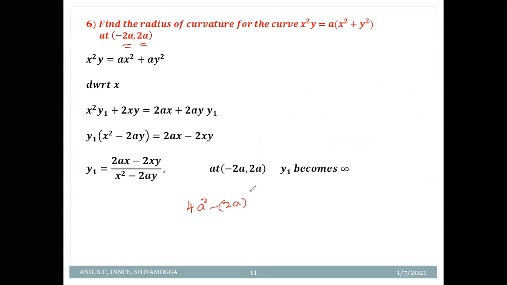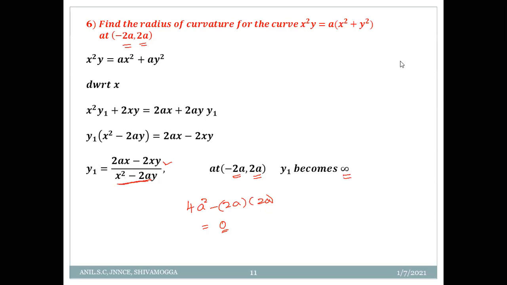Y is also 2a. 4a square minus 2 into 2 is 4, a into a is a square. 4a square minus 4a square is 0. That means this denominator will be 0 at x is equal to minus 2a and y is equal to plus 2a and numerator is a finite quantity. Finite quantity divided by 0 is not defined, it is called infinity.